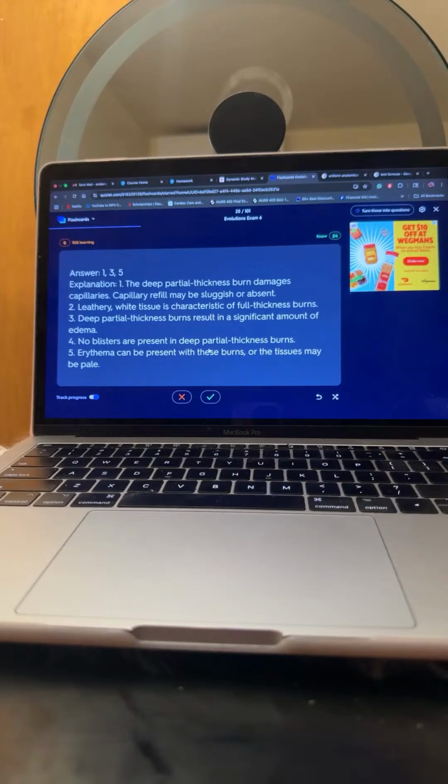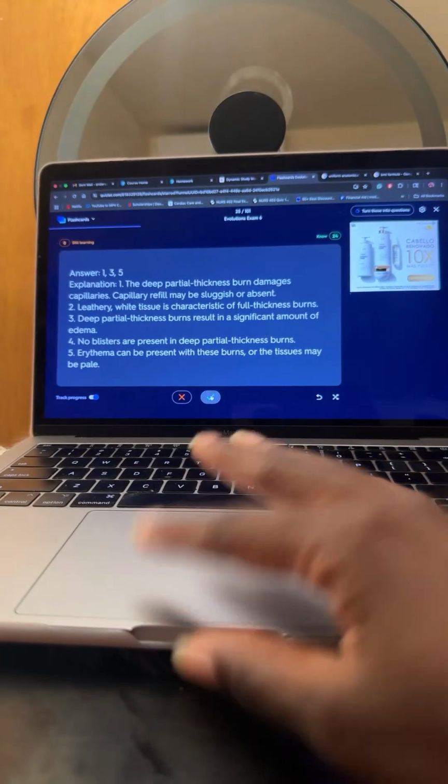Okay, so sluggish cap refill can be absent. Or white leathery tissue is going to be my full thickness burns, which is also going to be my third degree burns. Okay. We're going to see edema, no blistering, and then erythema. Okay, perfect. Good.